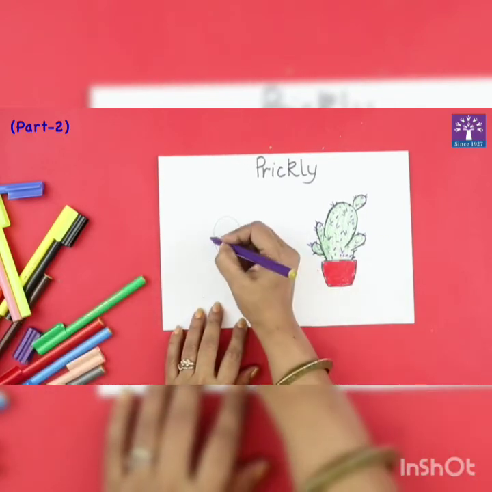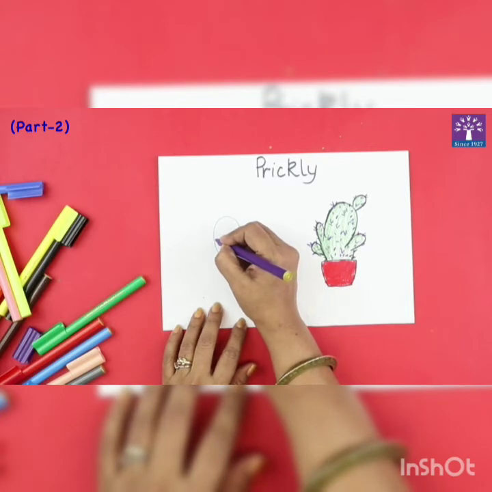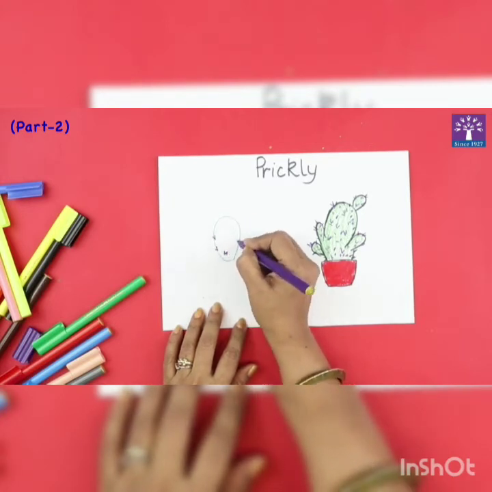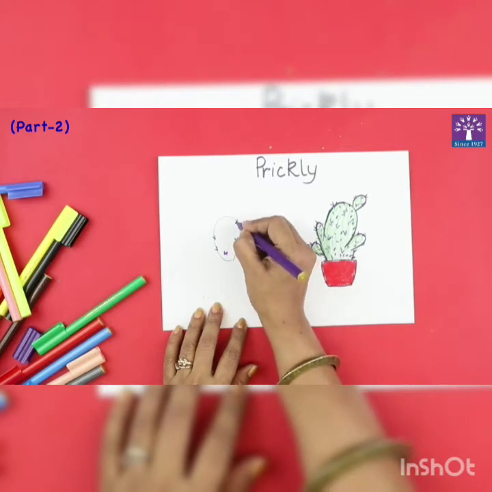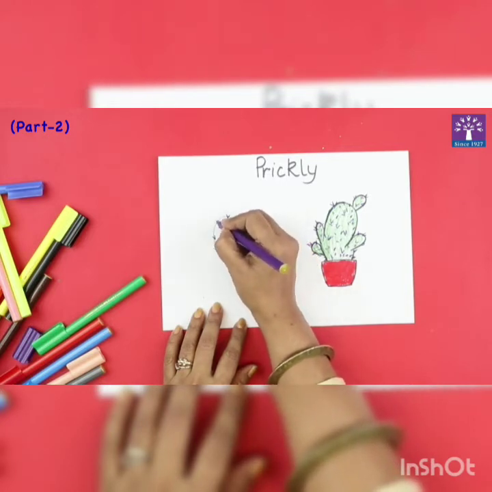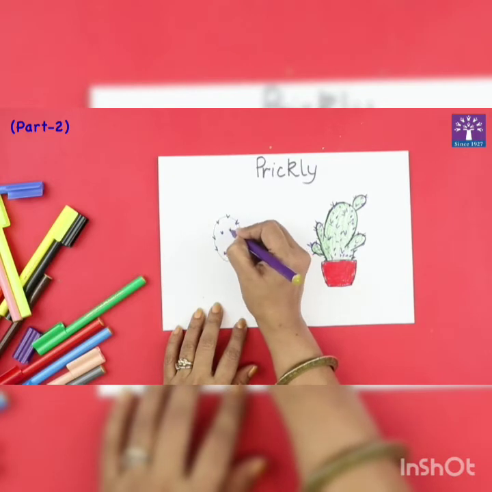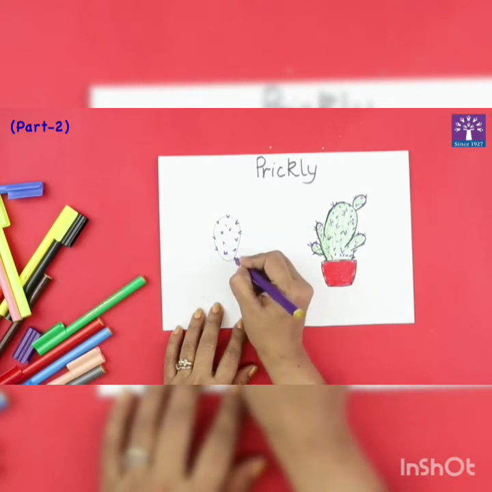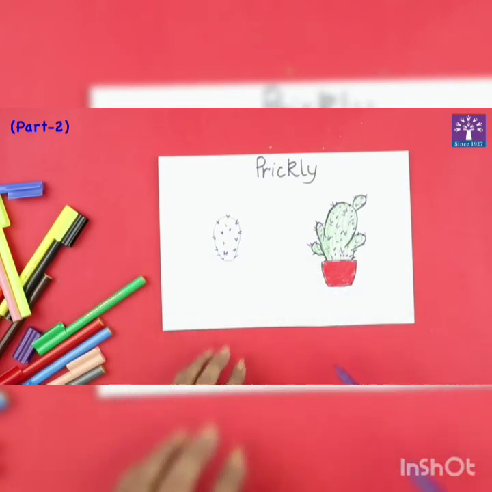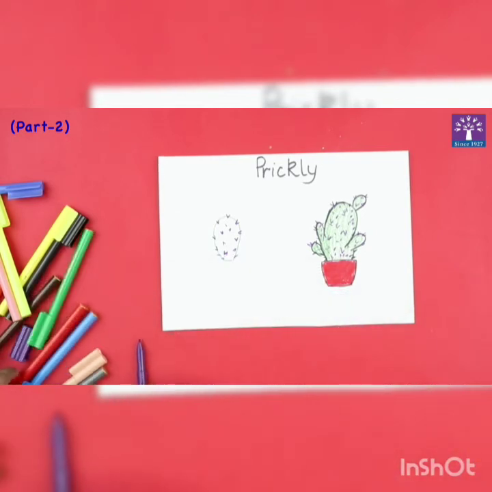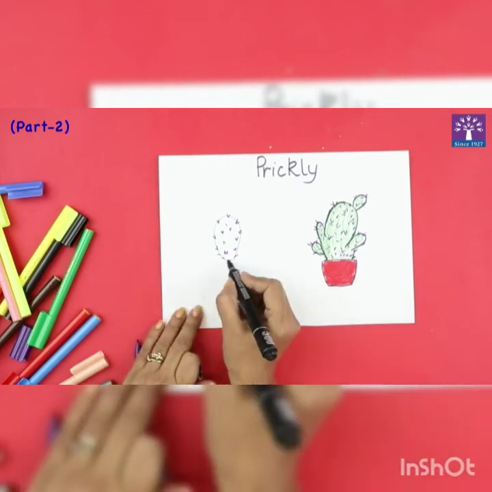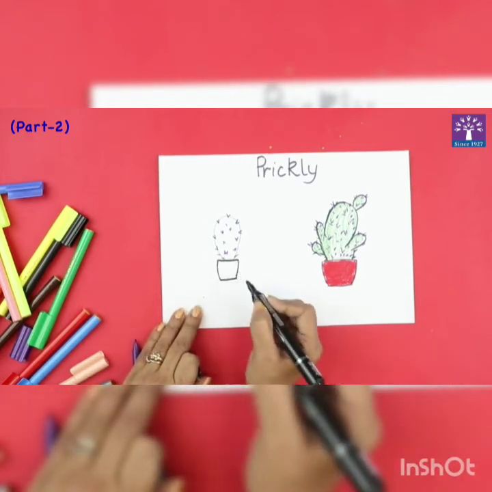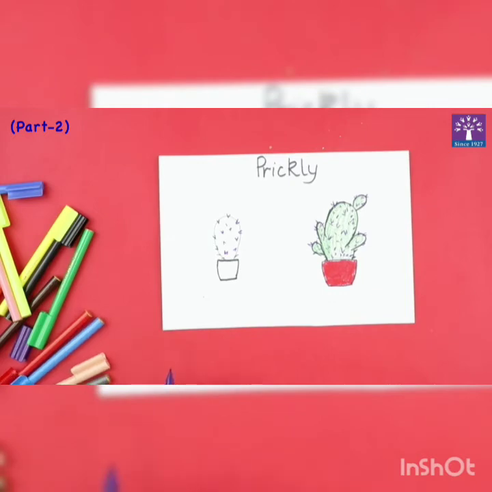To create this thorny effect or a prickly effect, just have to draw some pointy lines, big and small, here and there, to give this pointy effect. And a cactus or the prickly effect is ready.